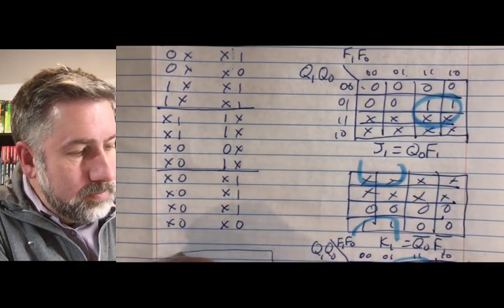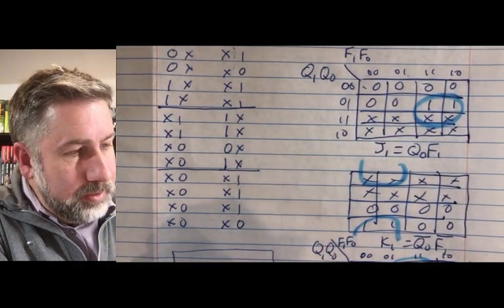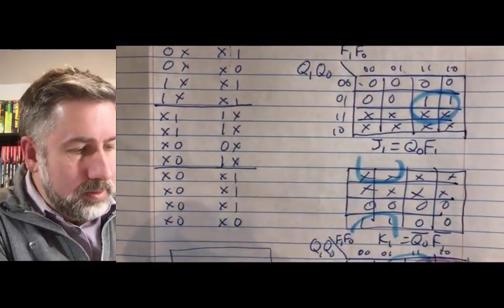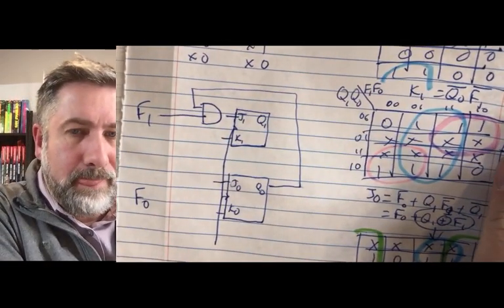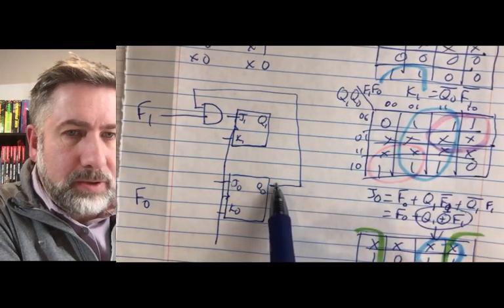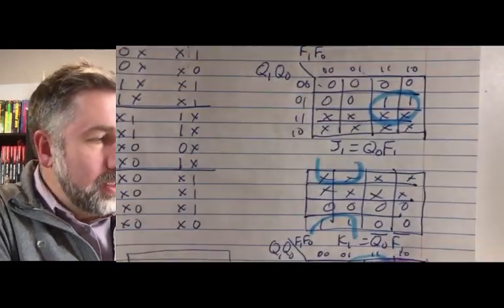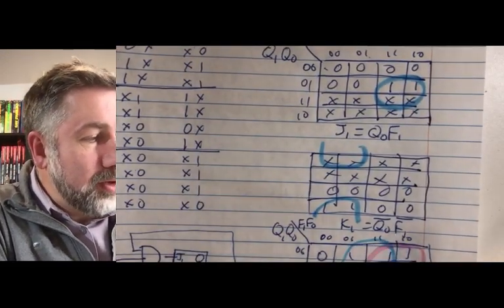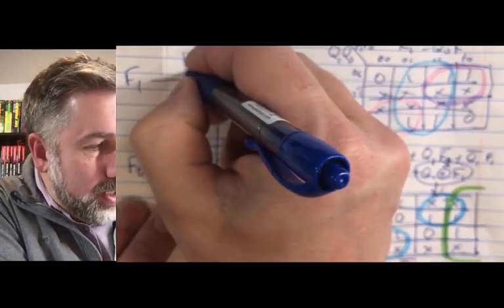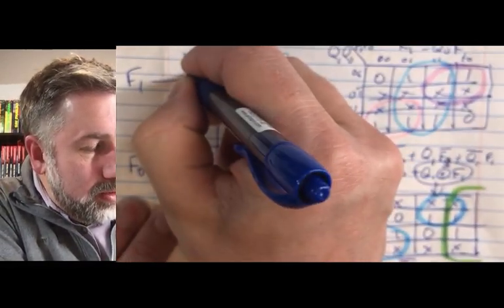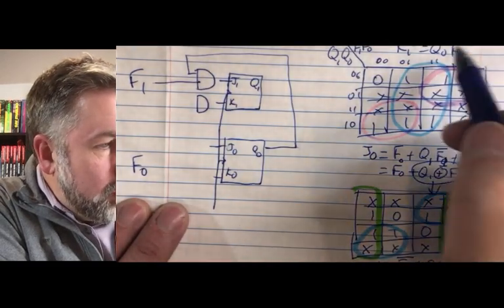Q0, F1. F0 here, oops. Like that. Q0, F1. K1 is Q0 prime, F1 prime. So Q0 prime, F1 prime.